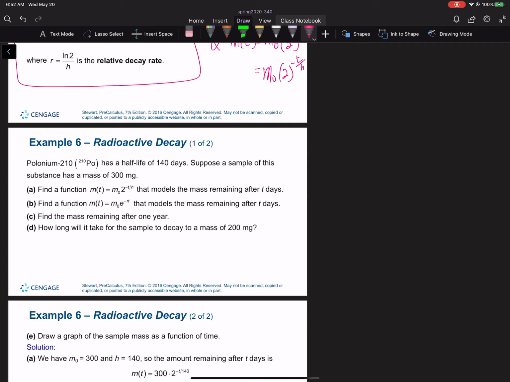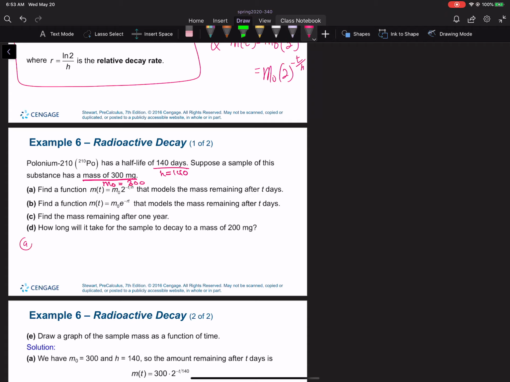It says you have polonium-210, which has a half-life of 140. So h is 140, and it's got a mass, m naught, which is 300. They want us to write using the first definition, the more intuitive understanding, and then the second one says try to write it using the one that involves e.